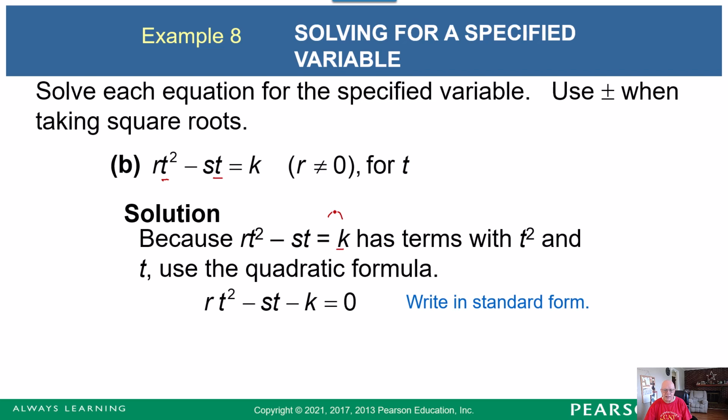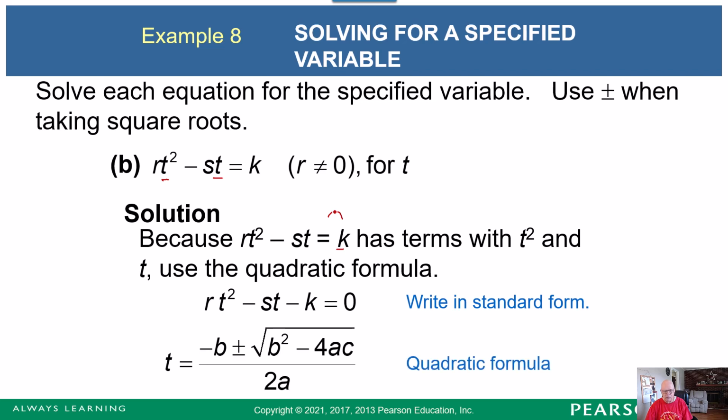So we have to write it this way in standard form. That way you get the proper a, b, and c for the quadratic formula. Put those in the quadratic formula, which you're memorizing as we go. So a will be replaced by r, b will be replaced by minus s, and c will be replaced by minus k. Very carefully.